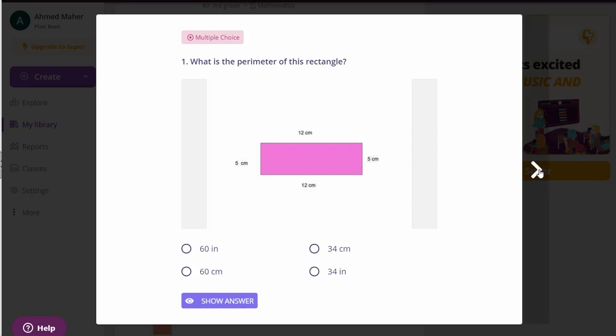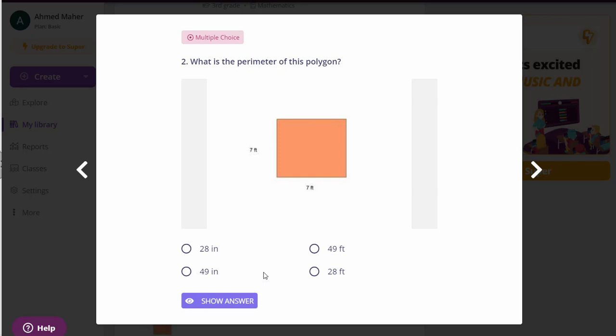Muammal? I am here. Go ahead. What is the perimeter of this polygon? Okay, this is a square, of course. What is the perimeter here?